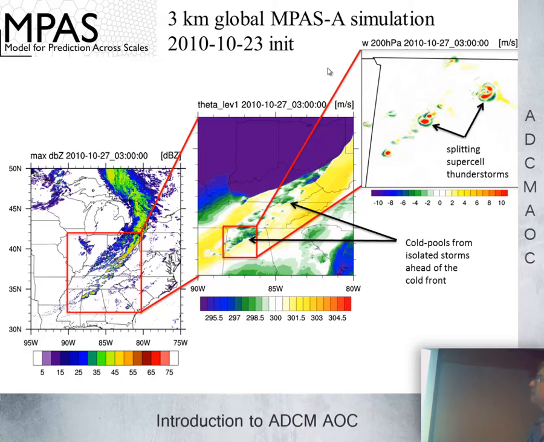So in a global simulation, they have successfully attained splitting thunderstorms at 3 kilometer grid size. And you can imagine there's so much to look at on the global grid that they're pretty excited by all these results.